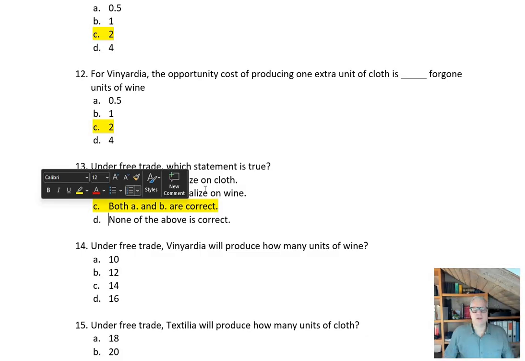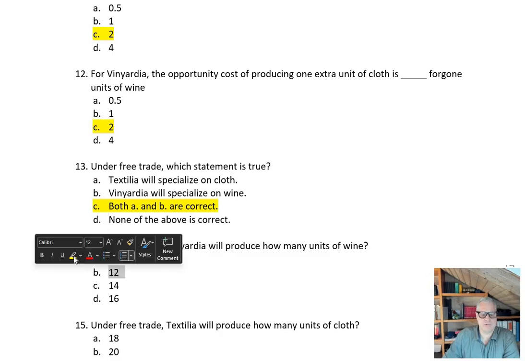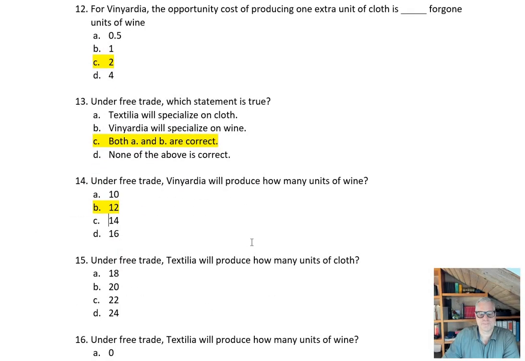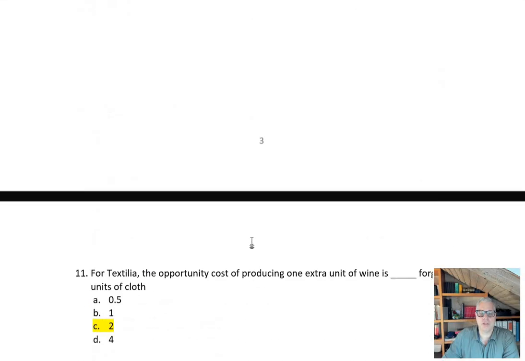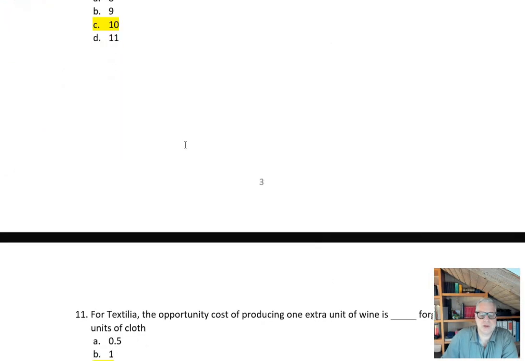Under free trade, Vineyardia will produce how many units of wine? We said this is 12. Under free trade, Textilia will produce how many units of cloth? This is the specialization and production under free trade, so they will produce 18 units of cloth.